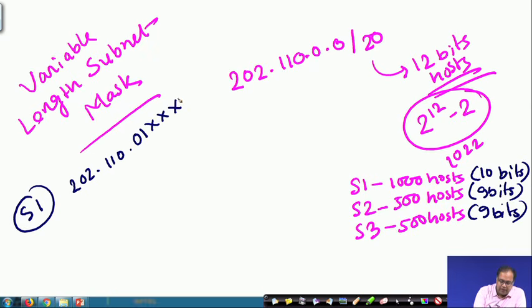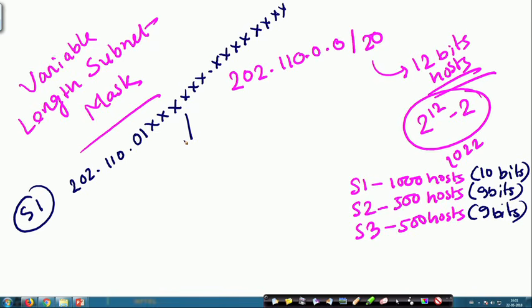The host bits I am writing as x, dot x x x x x x x x. So, this can be the network address for S1. Now, my net mask earlier was 20, I am taking 2 bits, so the net mask could be 22 bits.